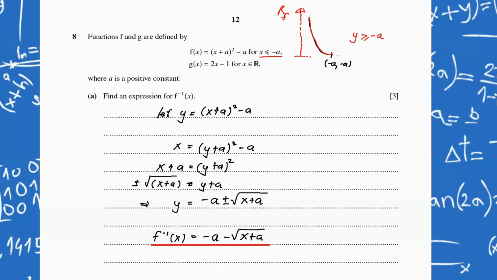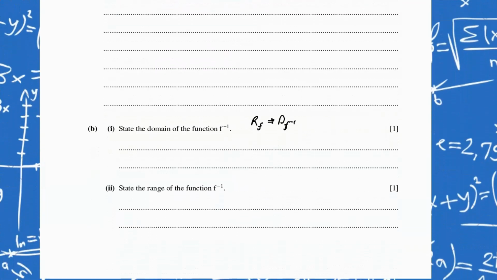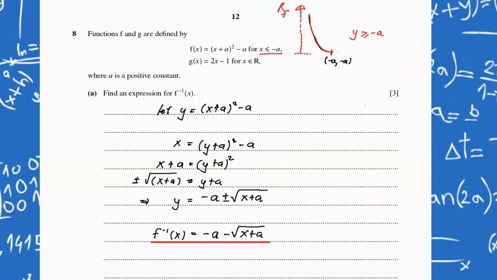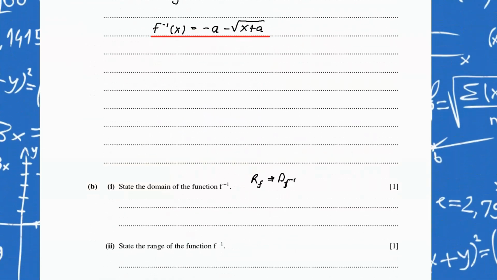This is the range of the original function, and this also gives us the domain of the inverse function. So if the range is y greater than or equal to -a, the domain will be in terms of x, so x is greater than or equal to -a. All right, let me write that in black. So that's how we do it.